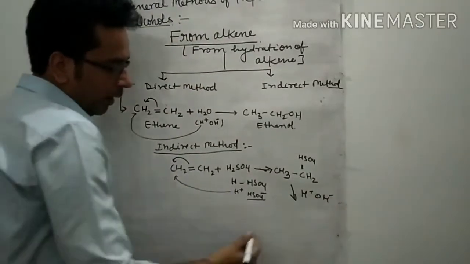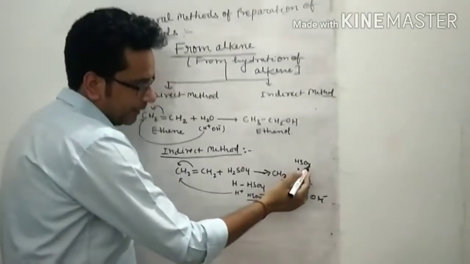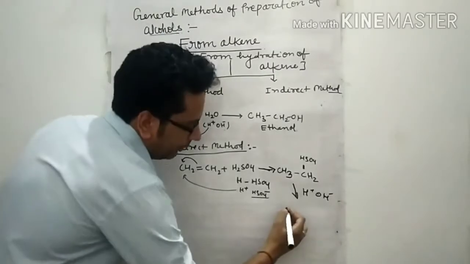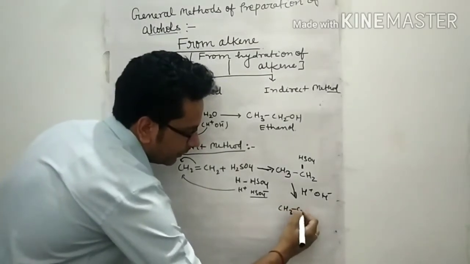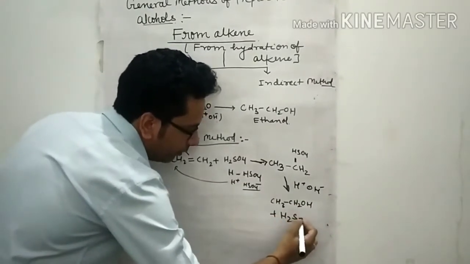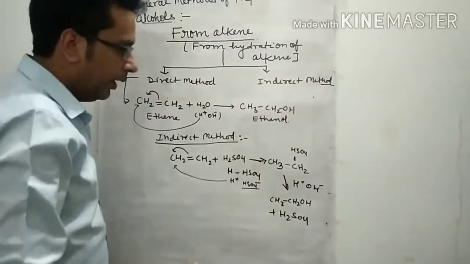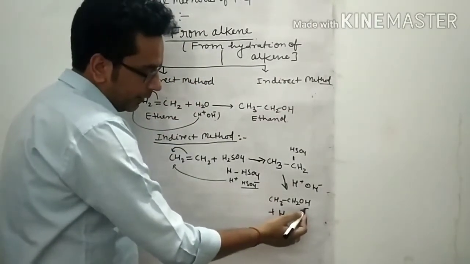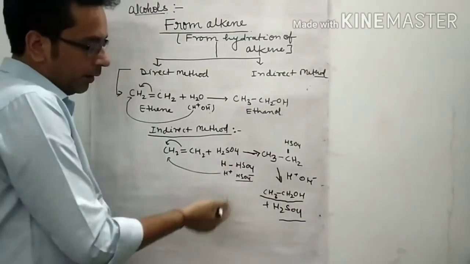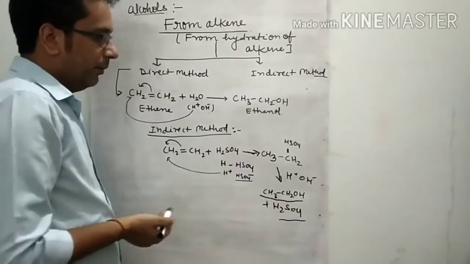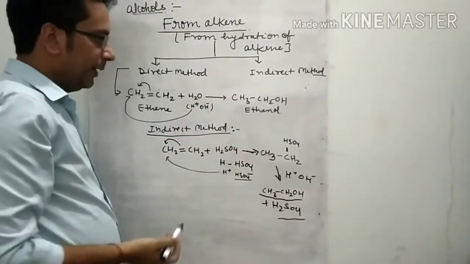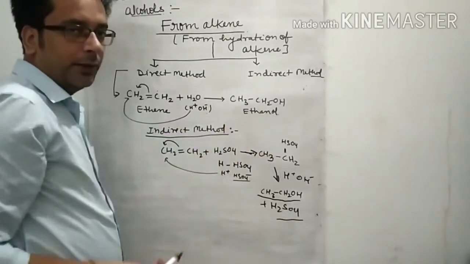This bond dissociates and forms CH3 CH2 OH plus H2SO4. Once again there is formation of alcohol and sulfuric acid. So these are the methods of preparation of alcohol from alkene: two methods, direct method and indirect method.